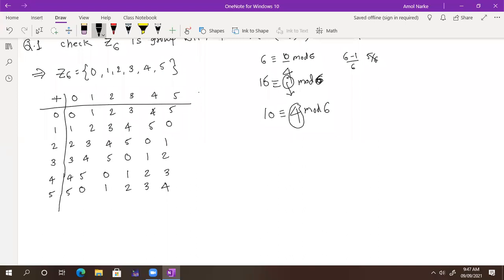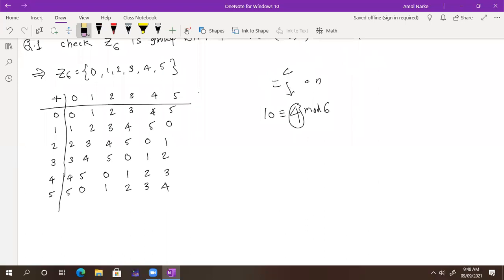Yes or no? So this is what forms a group. Now we need to check what is the identity element, what is the additive inverse, and everything here.